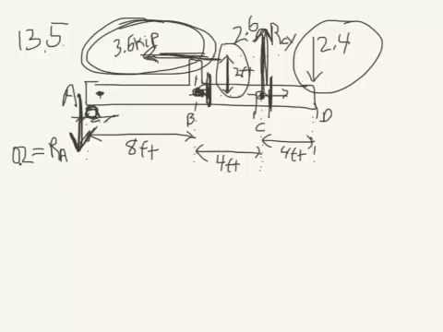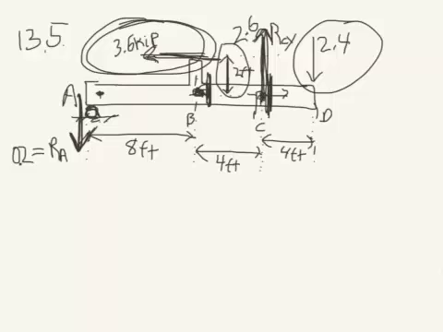Okay, so we're moving right along to find the internal bending moment just to the right of point C here. So we just passed another force that's going to apply a moment. Or, no, I was wrong, we didn't actually pass it.